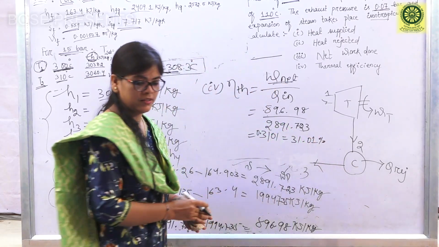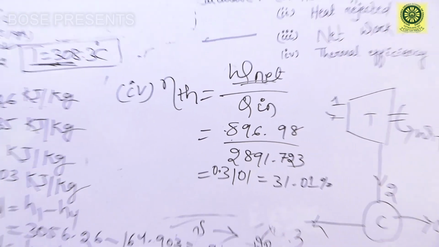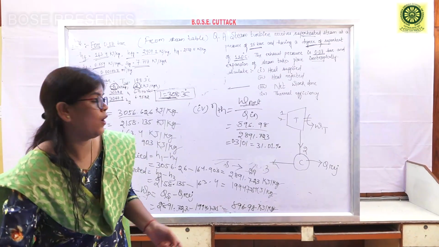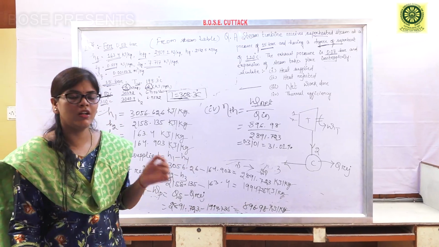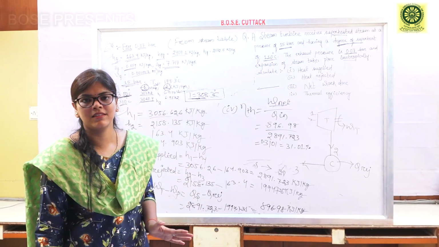So this is all about this problem. Try to find these values the way I have told you, and you can solve various Rankine problems if you understand these things.